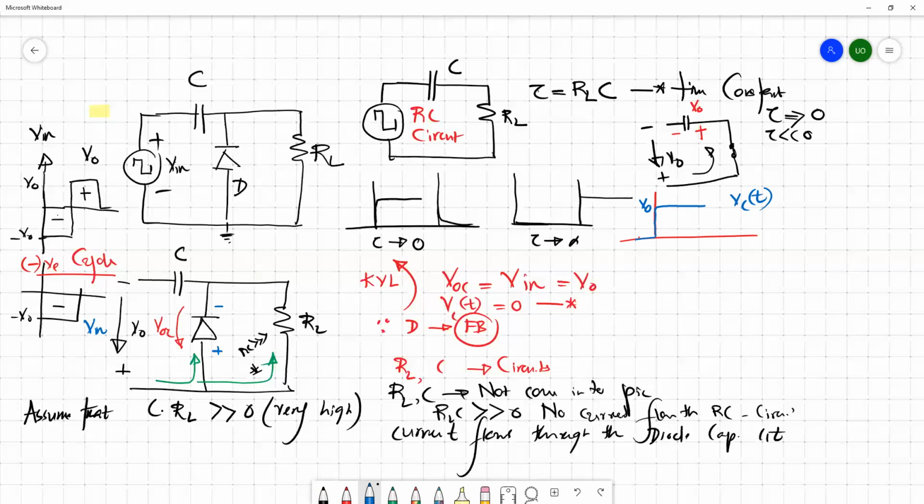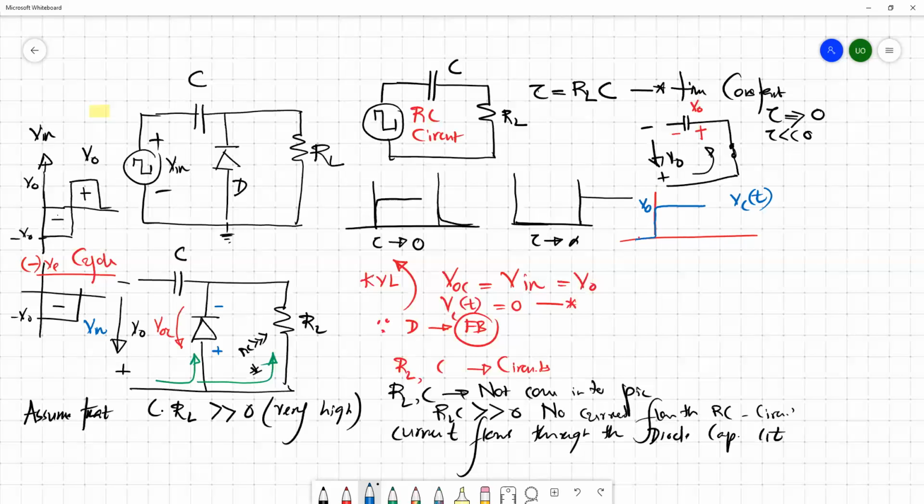Once you apply this negative voltage, the diode gets forward biased, and it creates a very small time constant circuit, the product of C and the resistance of the forward biased diode, which is almost zero. So it immediately charges to V naught, the voltage applied across the capacitor.